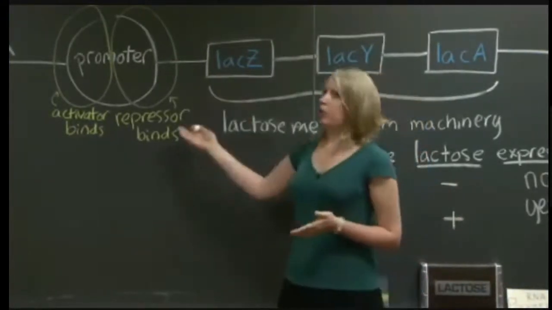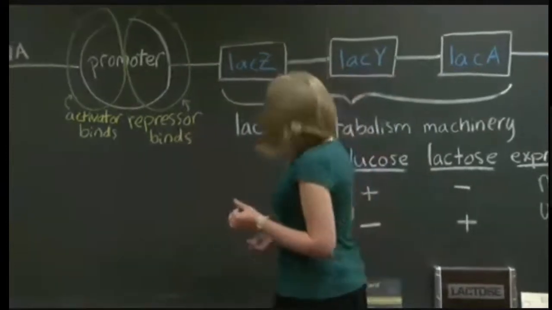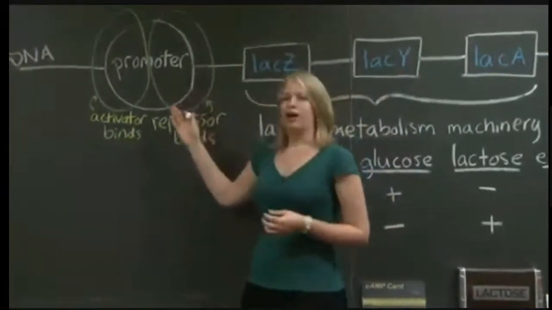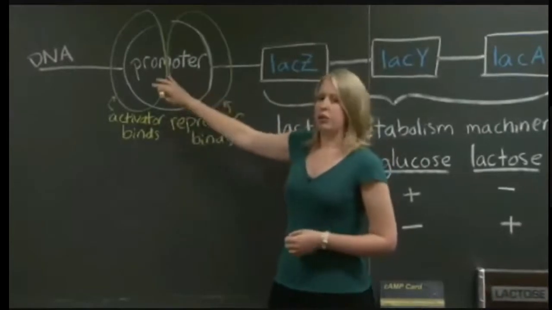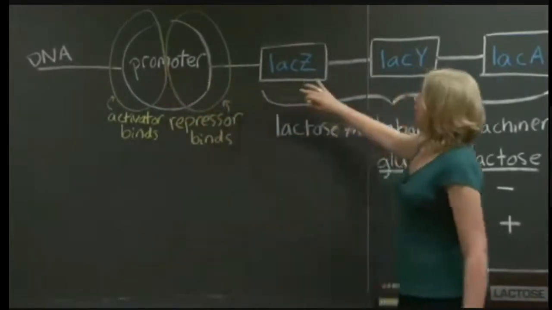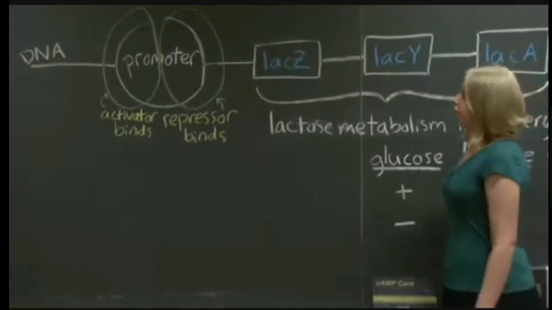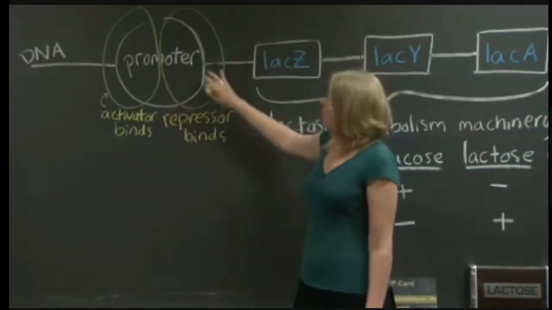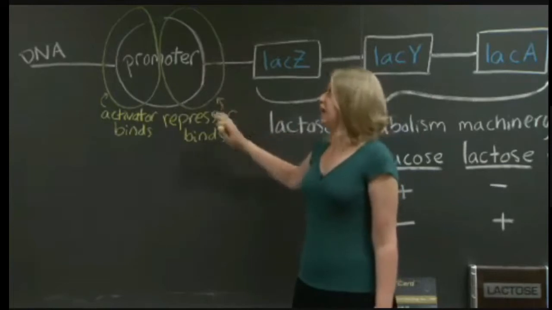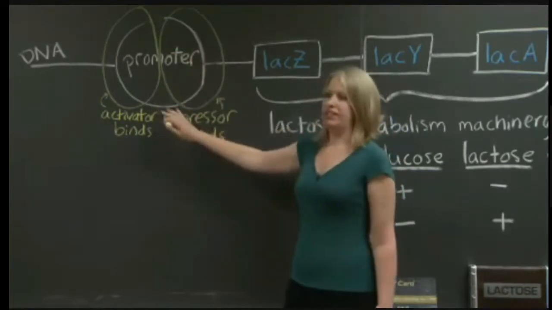That's where the promoter comes into play. The promoter is where RNA polymerase binds, and RNA polymerase needs to bind to this promoter in order to transcribe and express these genes. In this particular promoter, we have a site where a repressor can bind and a site where an activator can bind.